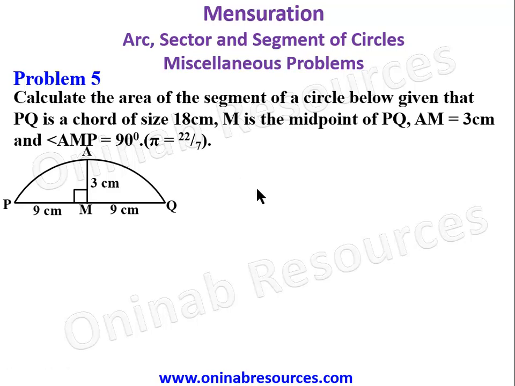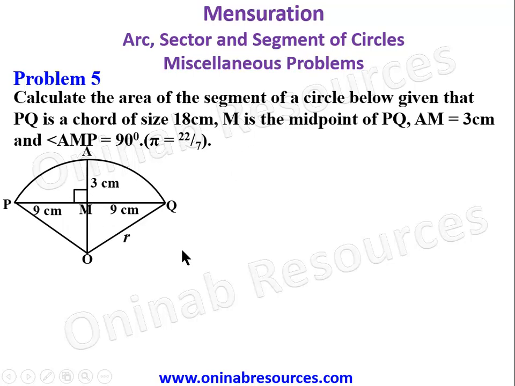What we do now is we need to complete the sector. Since this is the segment of a circle, we complete the sector. This is center O, and the radius is R here. So we calculate the area of the sector, calculate the area of the triangle, and subtract, and we'll get the area of the segment.